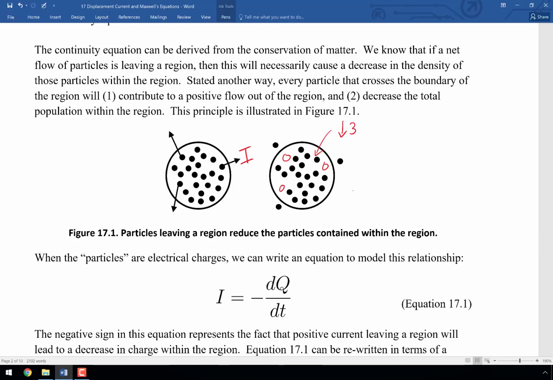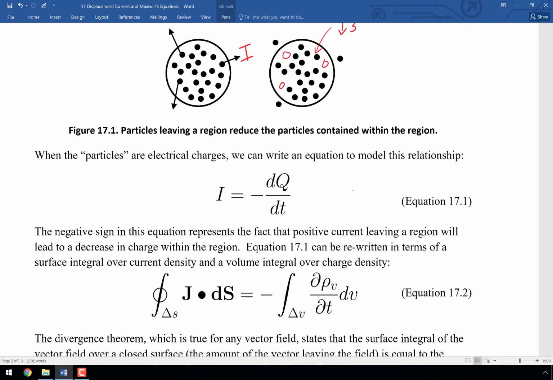So I equals negative dq/dt. We can represent I as the surface integral of J, and q of course is going to be the integral of rho sub v with respect to v. Again, we're going to bring the d/dt, or the partial with respect to t, inside the integral. And so we end up with this expression right here.